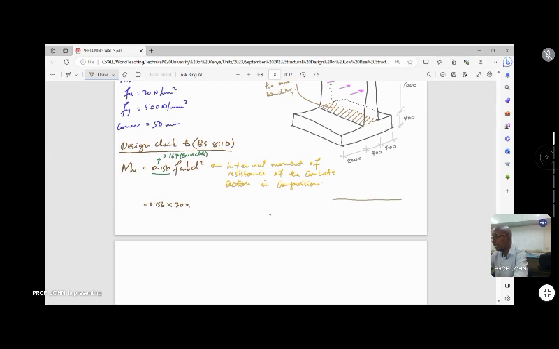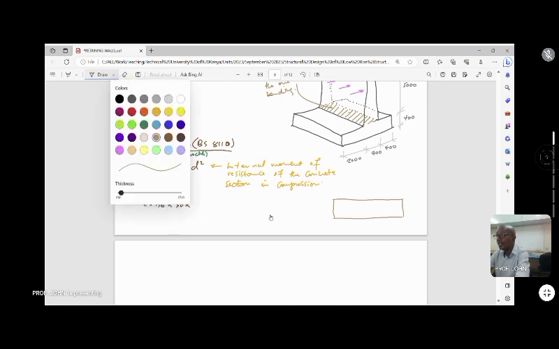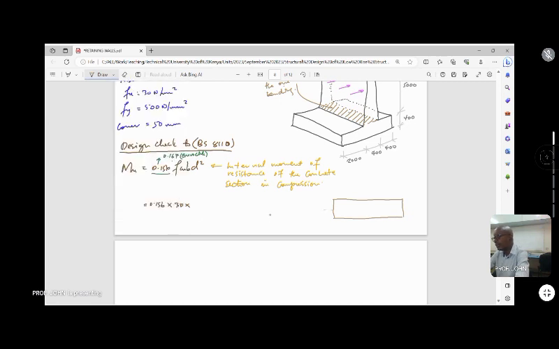So we have a section like that. So this is the section that is resisting the bending, and its neutral axis is there. So we've got a neutral axis.